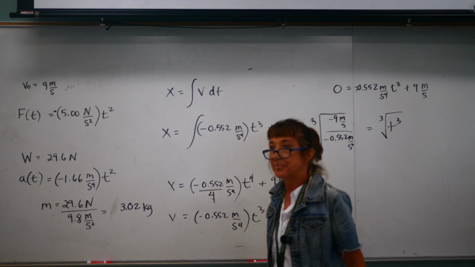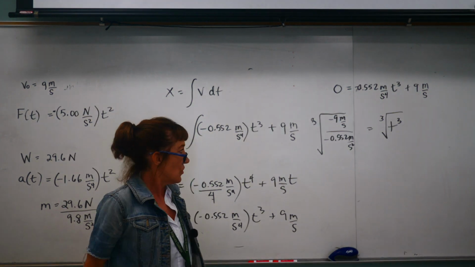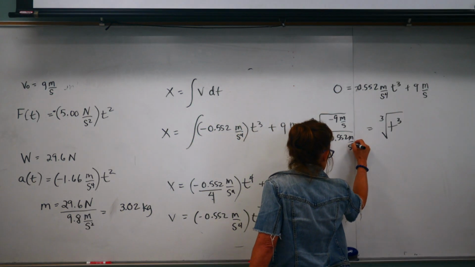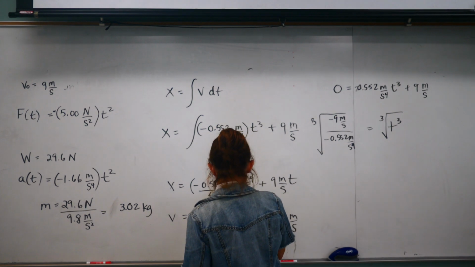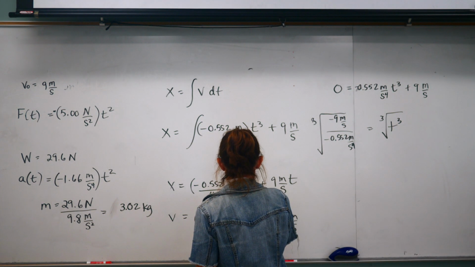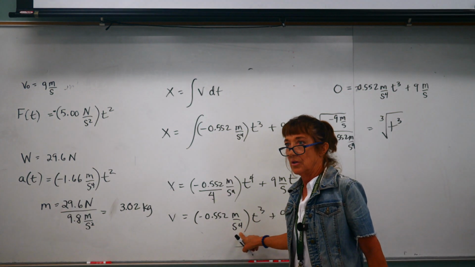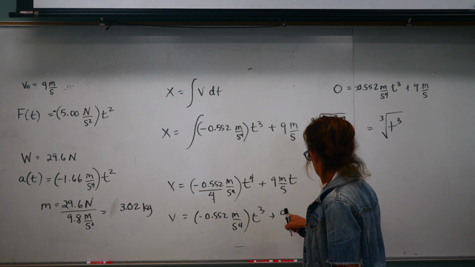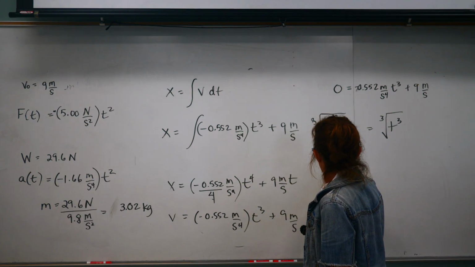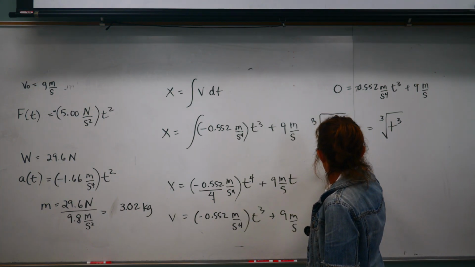Yes, ma'am. Question, where did the 4 go in the denominator? Oh, sorry. Thank you. Here? Yeah. It's still there. Like on the other, when it's being divided by 4.